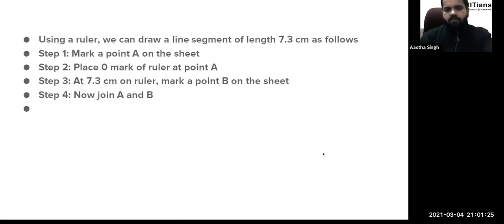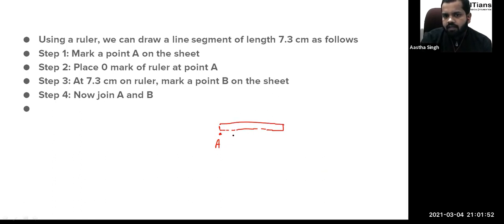Here are the steps. Using a ruler, we can draw a line segment of 7.3 centimeters as follows. Mark point A on the sheet. Place a ruler with the 0 mark at point A. Suppose this is your ruler.